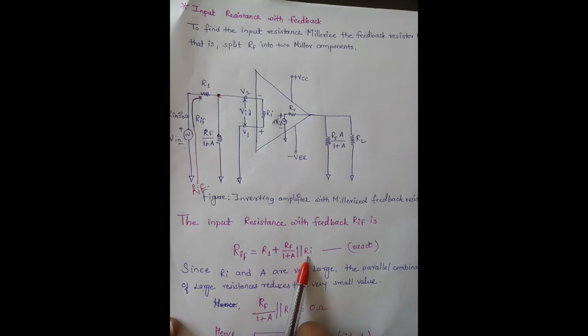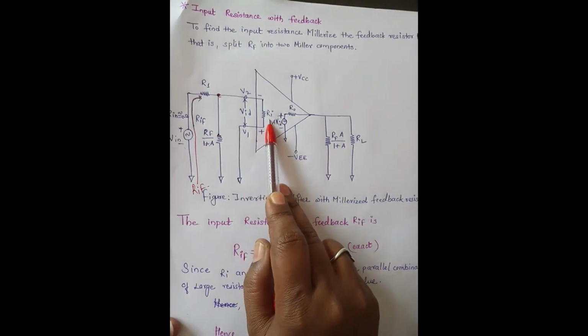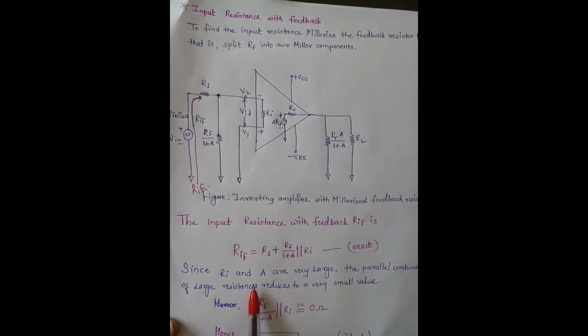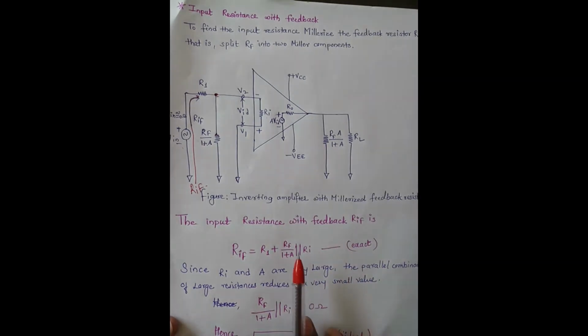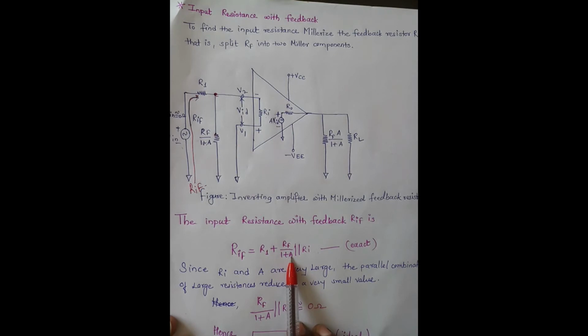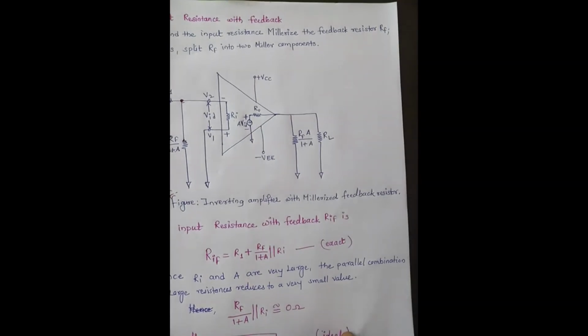Now from the equivalent circuit we know that Ri is the open loop input resistance of the op-amp, and A is the open loop voltage gain of the operational amplifier. Both input resistance Ri and open loop voltage gain A are very large parameters, as we can write some typical values.